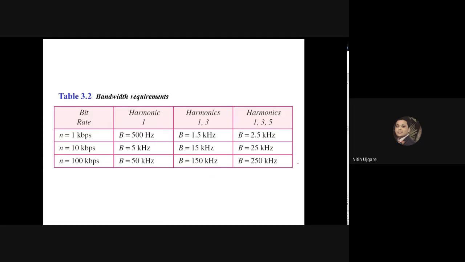So the bit rate is represented by n. Say n is equal to 1 kilobits per second, and its first harmonic will have 500 hertz. Now remember that 1000 bits per second is equal to 1 kilobits per second.